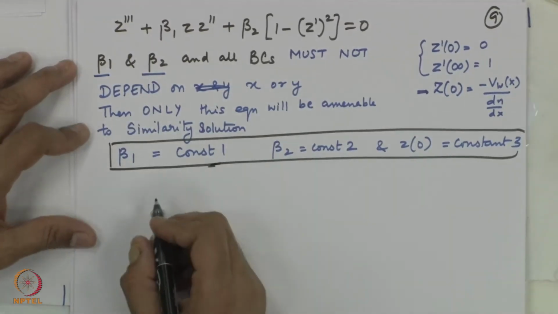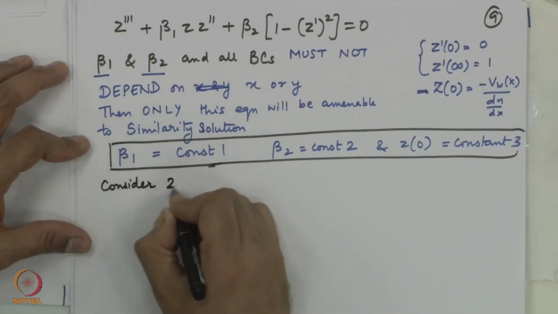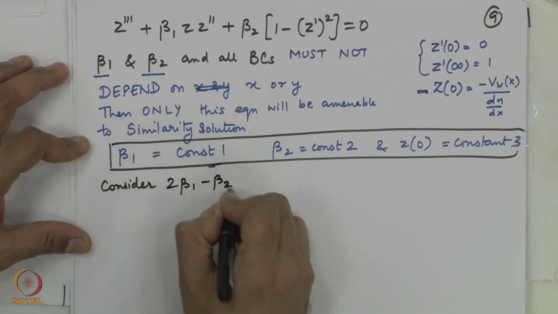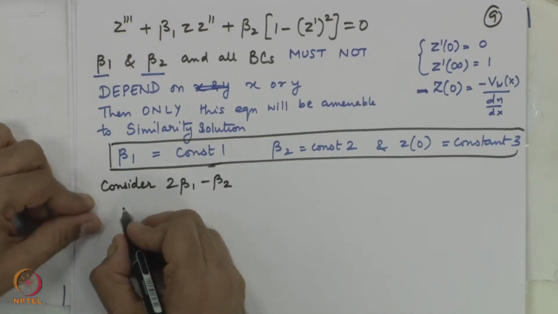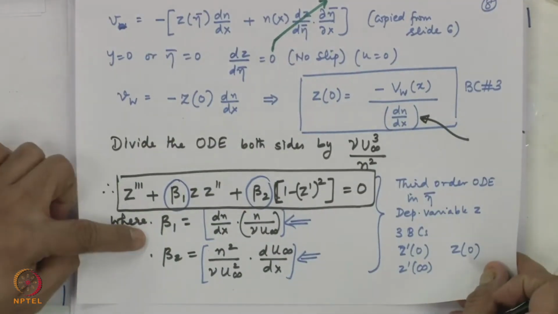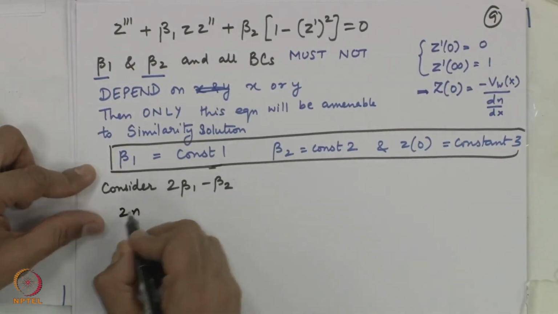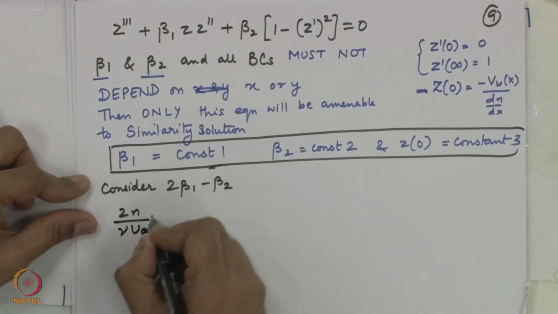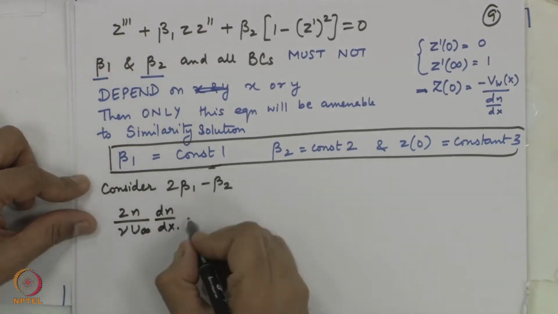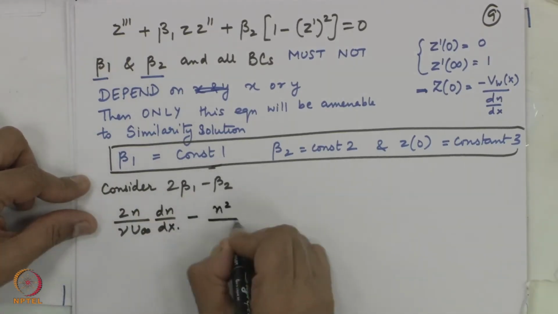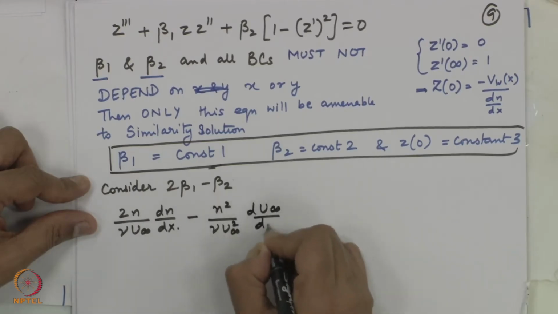So, let us now do some manipulation. Let us consider 2 beta 1 minus beta 2. Beta 1 we defined here. So, 2 beta 1 minus beta 2 is 2n by nu u infinity dn by dx minus n squared by nu u infinity squared du infinity by dx.